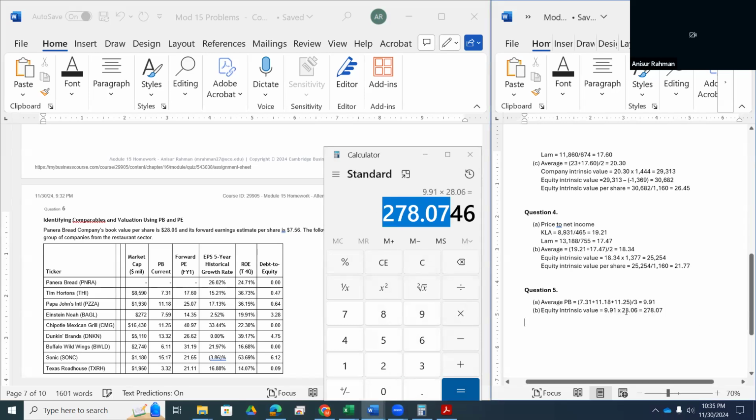Now we multiplied by only book value per share, not the total book value of equity. What we did when we calculated previously equity intrinsic value. But because we are multiplying by only book value of equity per share, not the total book value of equity, so this will be our equity intrinsic value per share.